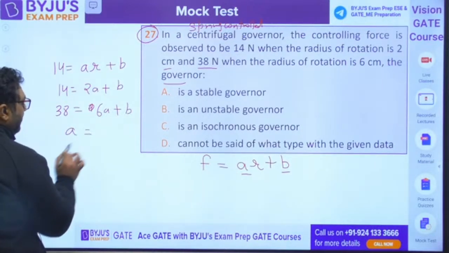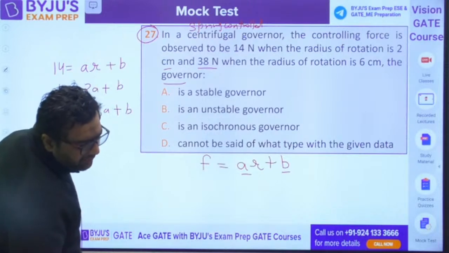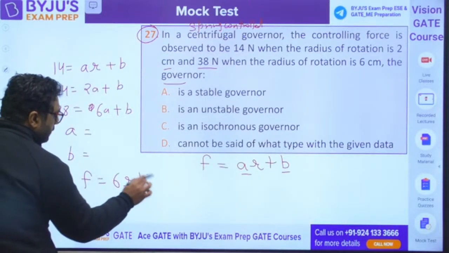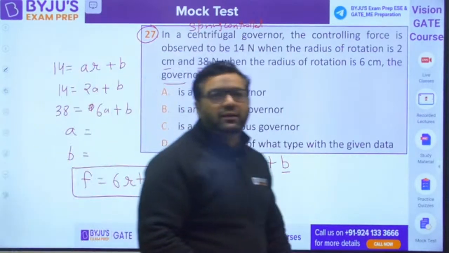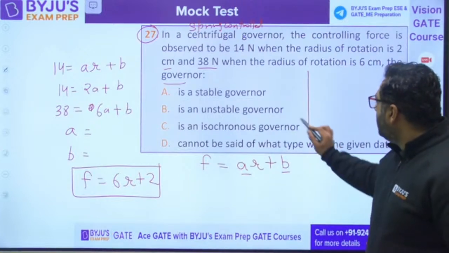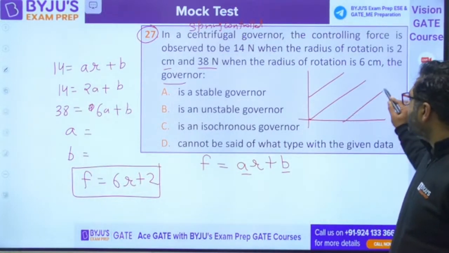From here you will get the values of a and b. And I feel the equation will come out to be F equals 6R plus 2. This is aR plus b, not aR minus b.